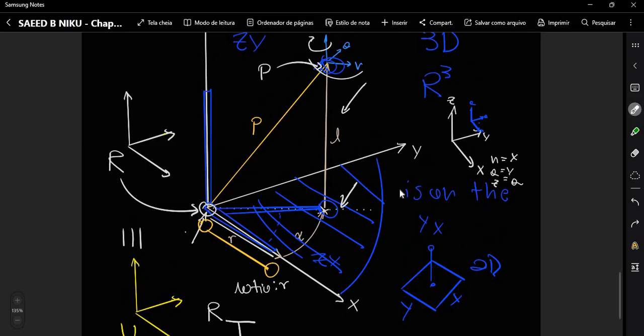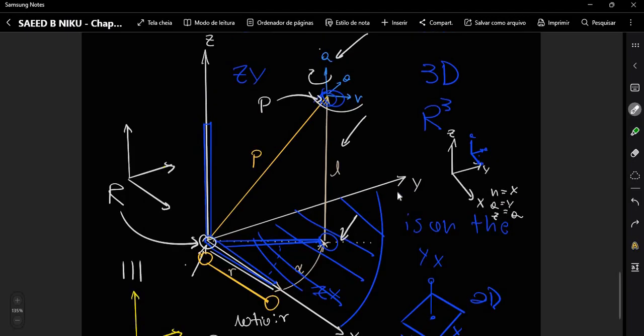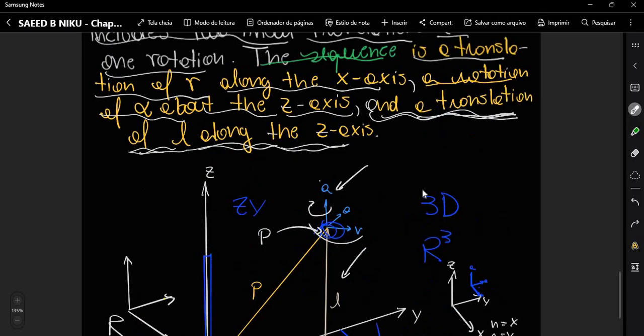And I said that we could have a tiny mechanism, a device which has the ability to extend, and after this it is doing a transformation of rotation about the alpha angle, and after this it is going to go up, but as you can see on this point, it is not above any axis, but is doing a transformation of translation pointing in the same direction as the z-axis.